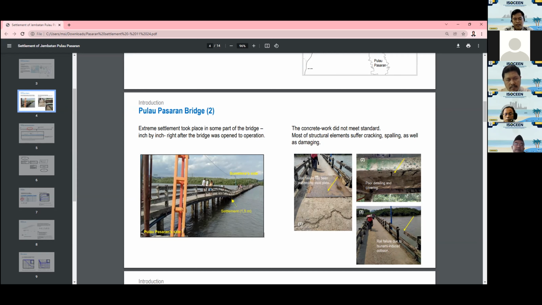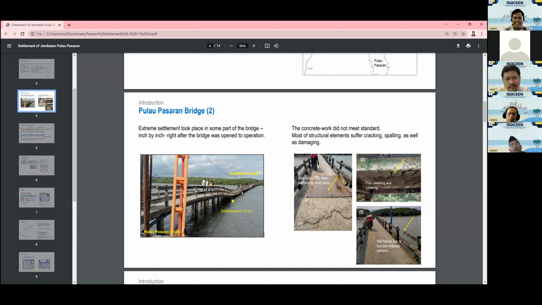So if the bridge eventually fails, the people of Pulau Pasaran, as well as the people of Bandar Lampung city, have no choice available. They have to use the water transportation.